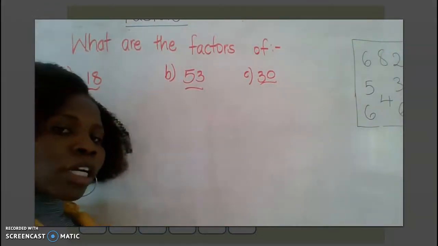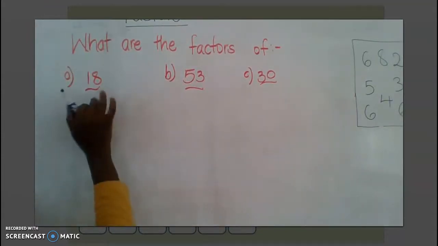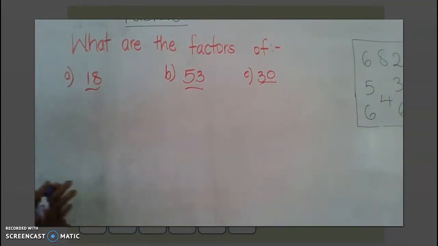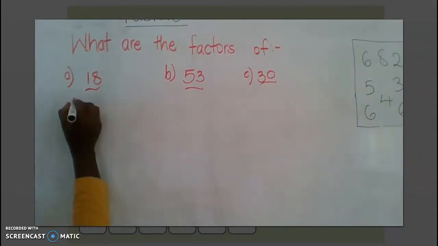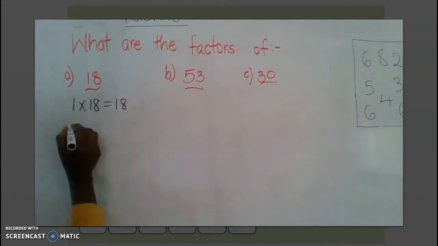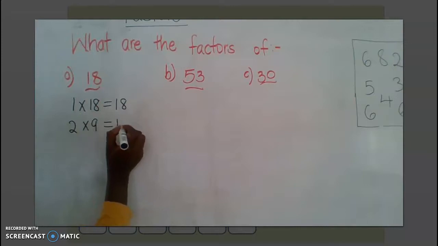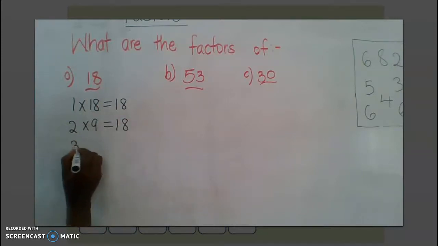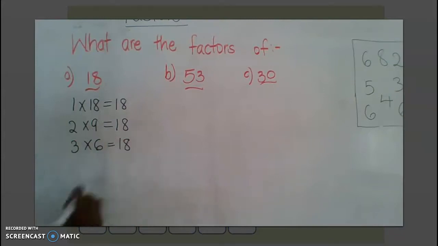If you want to find the factors of 18, you make sure you look for every number that if you multiply together will give you 18. 1 times 18 will give me 18. 2 times 9 will give me 18. 3 times 6 will give me 18. Do you think 4 can divide 18?